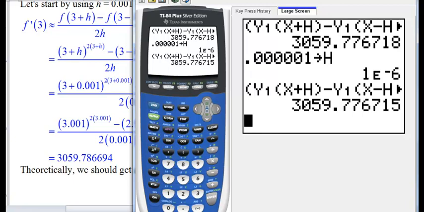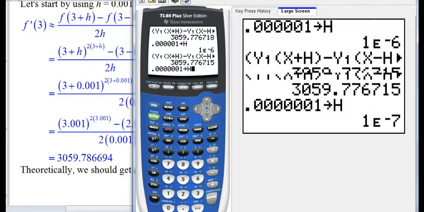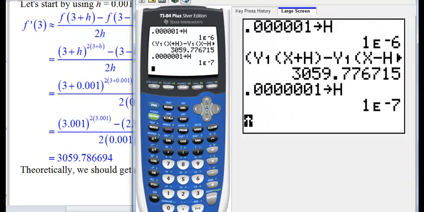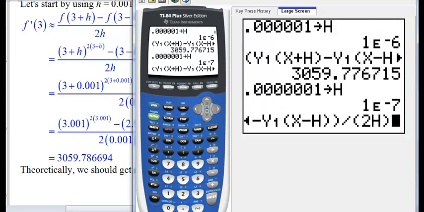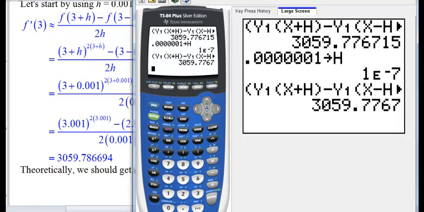We could put in an even smaller one to be sure. And evaluate the symmetric difference quotient, and we get, now look what happened here.